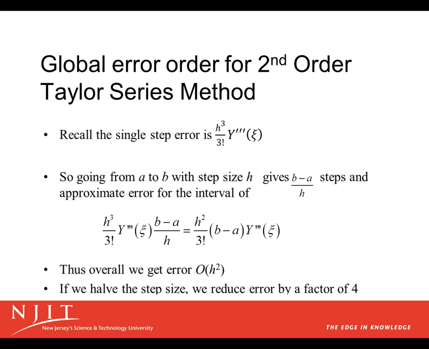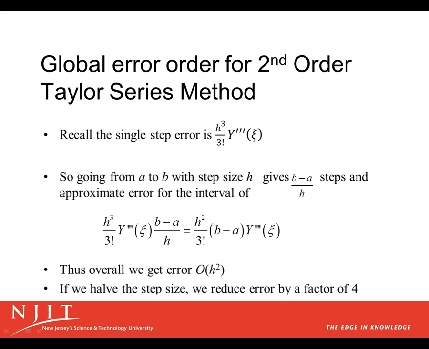So let's take a look at the global error order for the second order Taylor series method. Our single step error was h cubed over 3 factorial times y triple prime, somewhere in the middle. And that's because we took all our terms up through the h squared terms, and so the first term that we leave out is h cubed over 3 factorial.